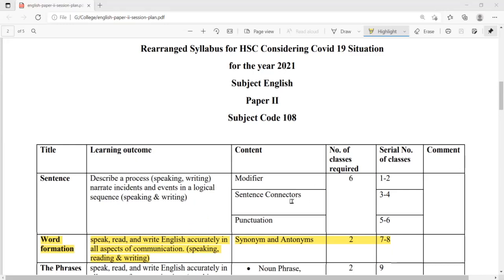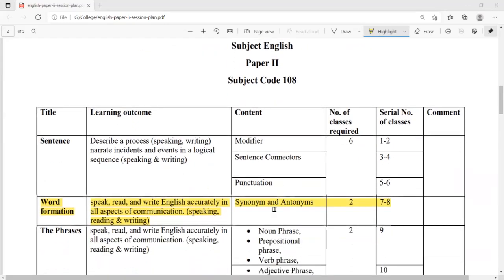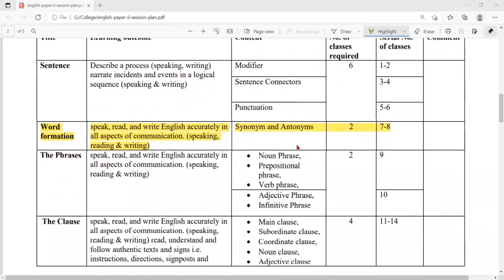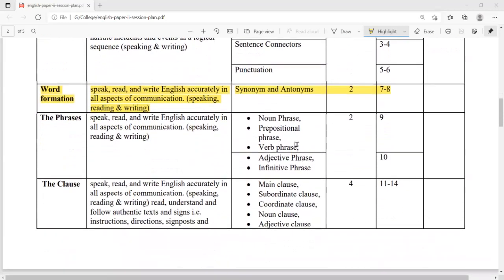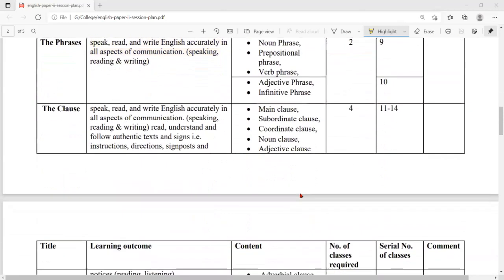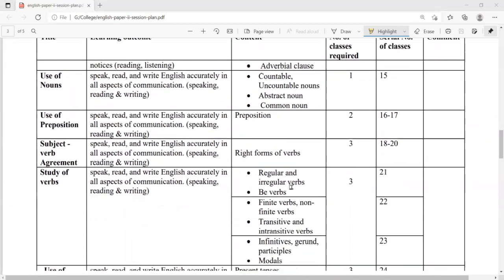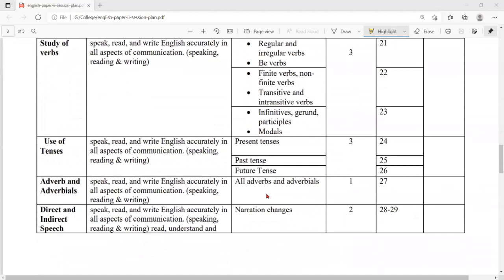And if you look again at the syllabus, you will see that here are modifiers, sentence connectors, punctuation, synonyms and antonyms, different types of phrases, clauses, and you will also have preposition, right form of verbs, and also you have narration changes.